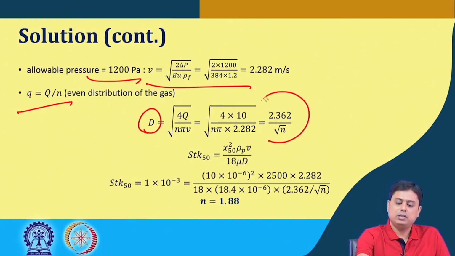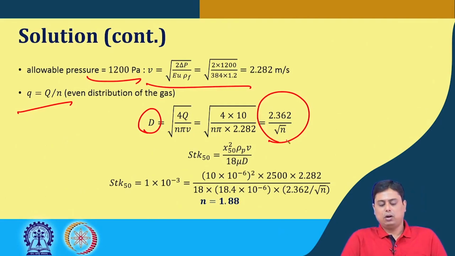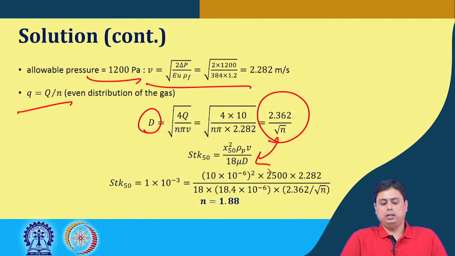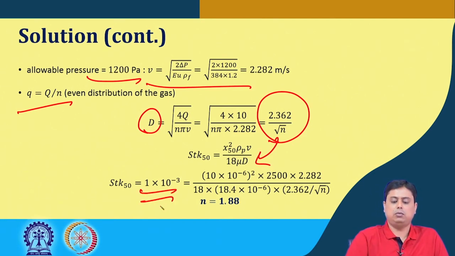We find the diameter having an expression of n, the number of the cyclones. We put this in the Stokes number that is mentioned, that is fixed for the problem, to find what is the value of n.